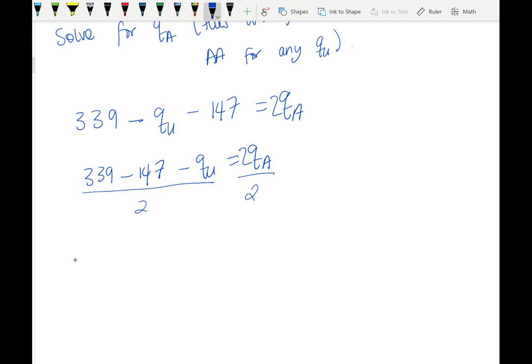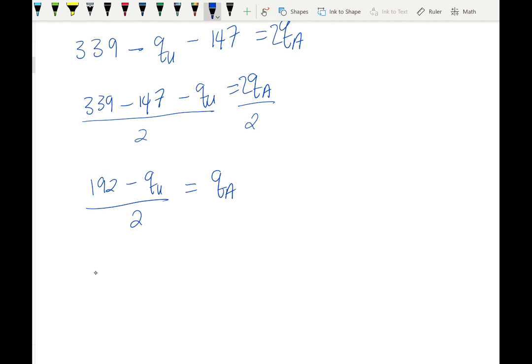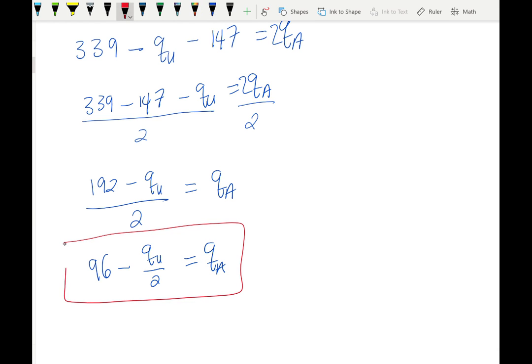So this would be equal to 192 minus QU over 2 is equal to QA. We can divide this a little bit further: 96 minus QU over 2 is equal to QA. This right here is our best response function for American Airlines.